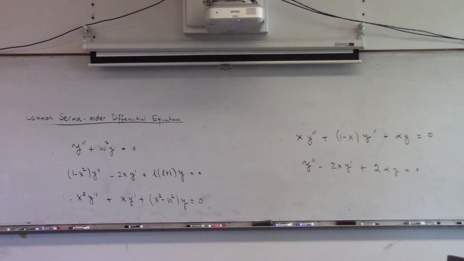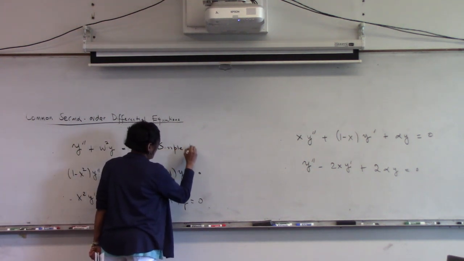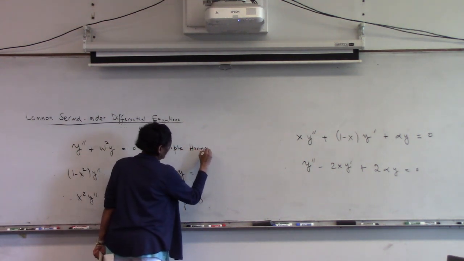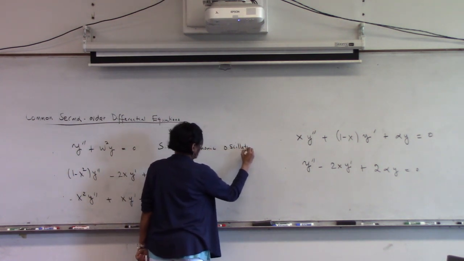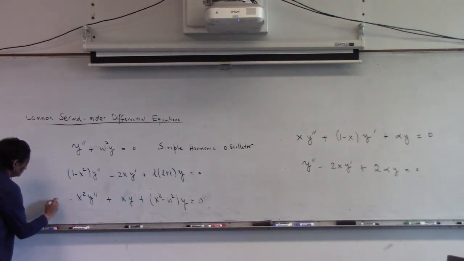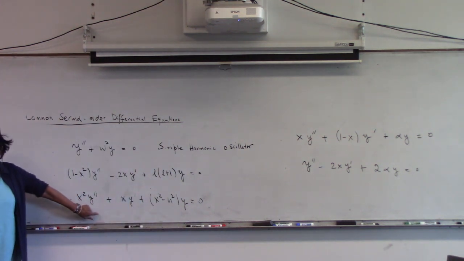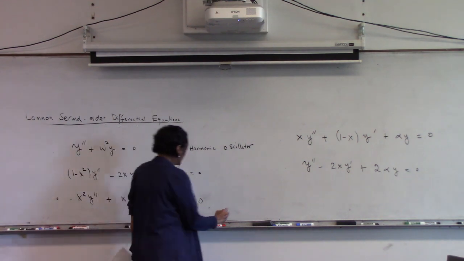The simplest second order differential equation, simple harmonic oscillator. So this we have already come across. This also you have come across. What's that? Bessel. Bessel differential equation, that's what we did last time, right?